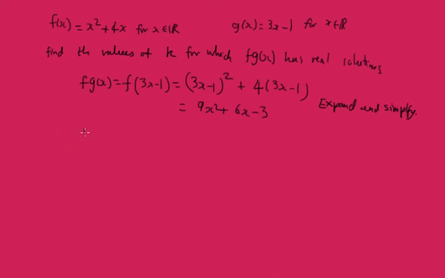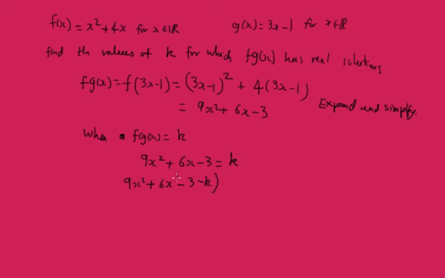So when f of g of x equals k, 9x squared plus 6x minus 3 equals k. So we're going to take this over and rearrange it. So 9x squared plus 6x minus 3 minus k.